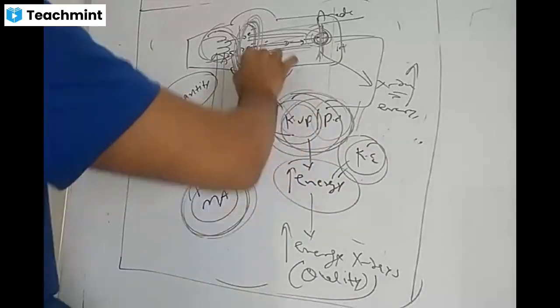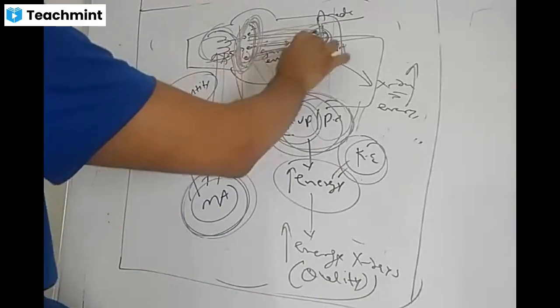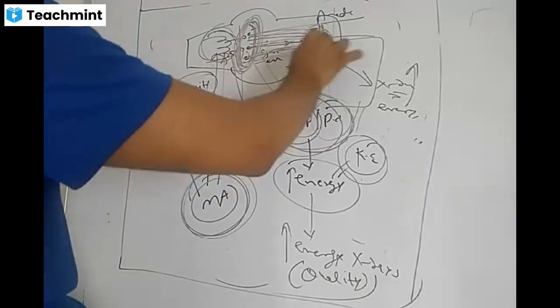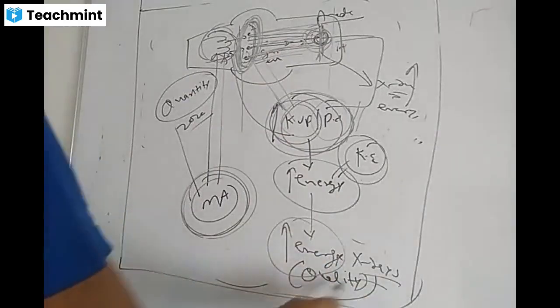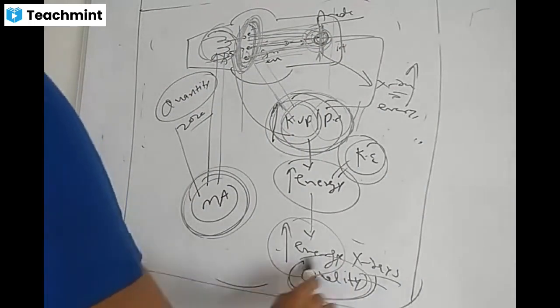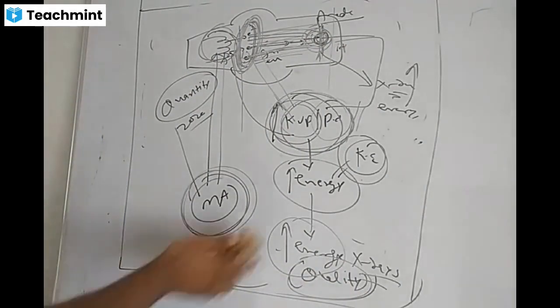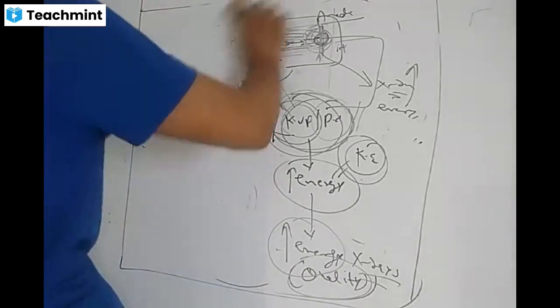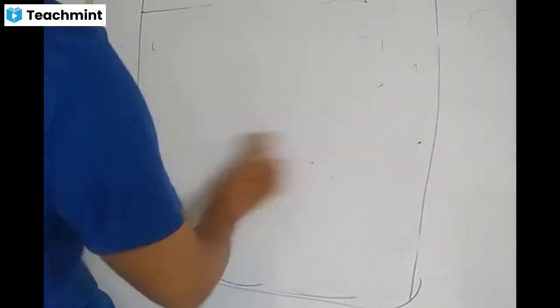The more the kVp, the more kinetic energy you give them, and that high energy leads to generation of high energy X-rays. In radiology, for high energy X-rays, remember the term quality. So kVp is directly related to the quality, the energy of the X-ray produced.